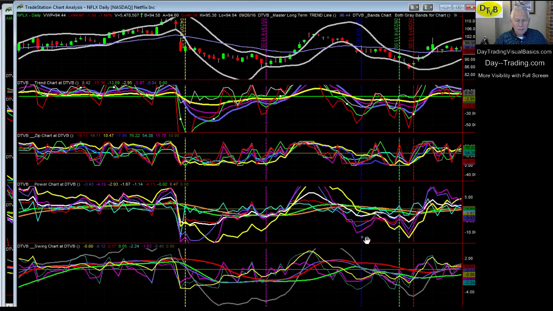One of the key issues that you need to look at is your swing gray. It has been on a peak about 7-8 days ago, and it's coming down and going down. It's hard to move the gray line. You also have both the twin yellow lines, zip yellow and power yellow, going down.